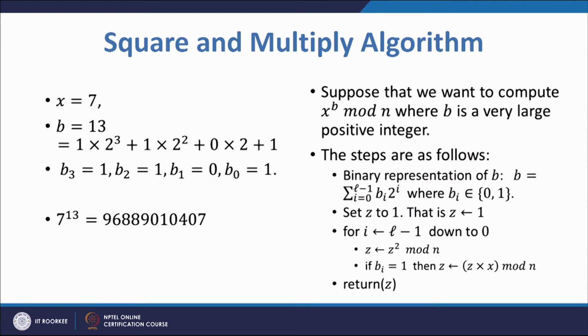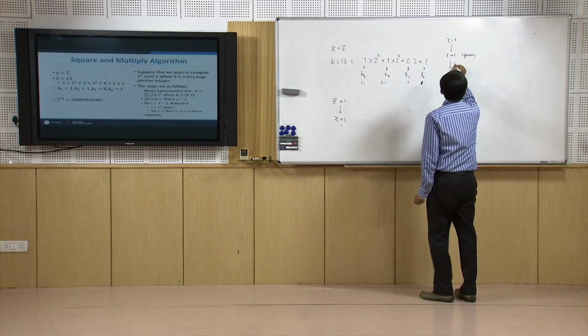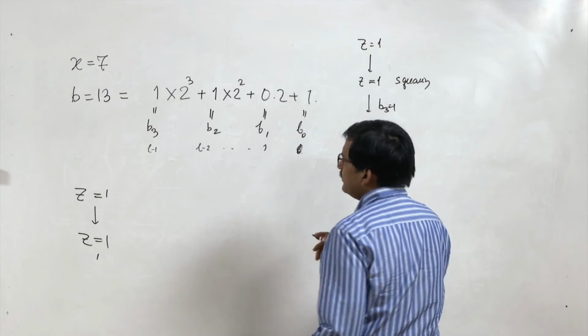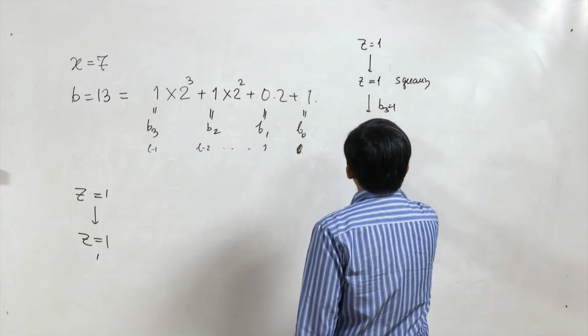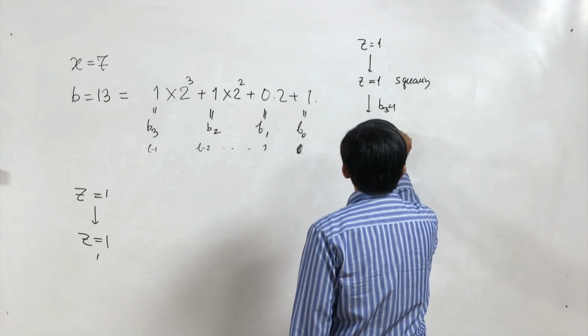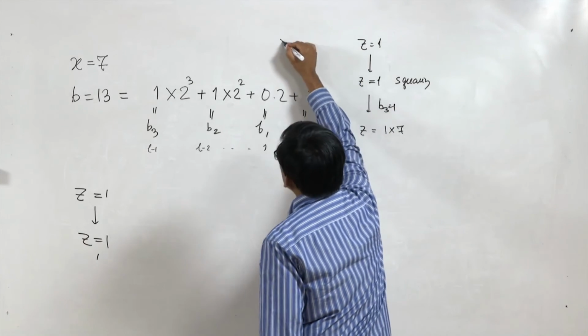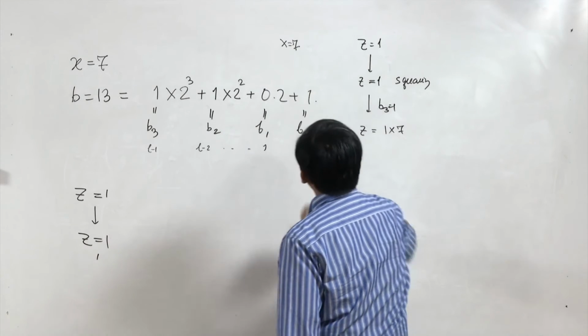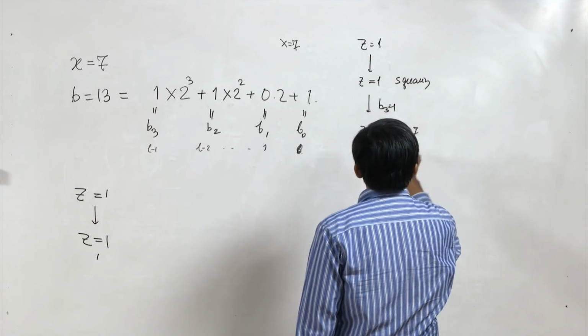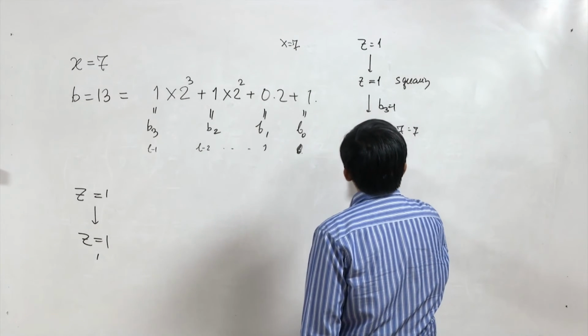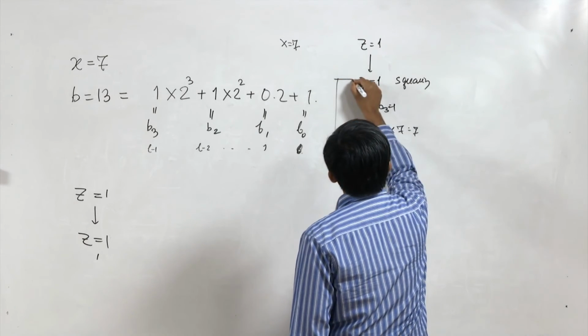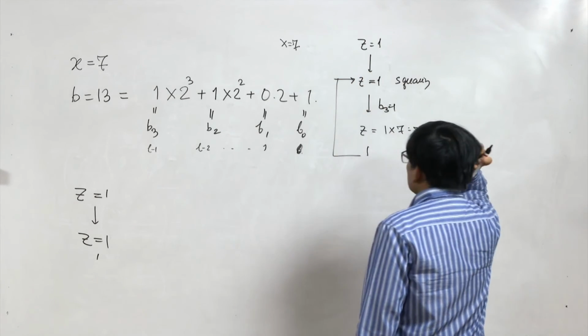When I look at it, I say that B3 is 1, yes, B3 is equal to 1. Since B3 is equal to 1, the z will be updated to 1 into 7, because x is equal to 7. So, I get 7, and then I go back again to the squaring place.